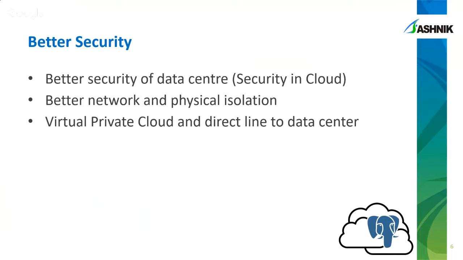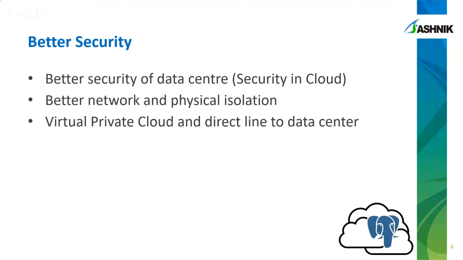You also have better security of the data center itself. The data residing in cloud is quite secure, as it is stored inside encrypted disks. The physical access and the network access themselves are quite secured. You have network and physical isolation as well, so that no one can actually reach the data center.